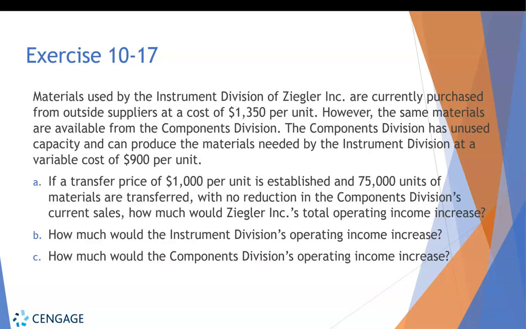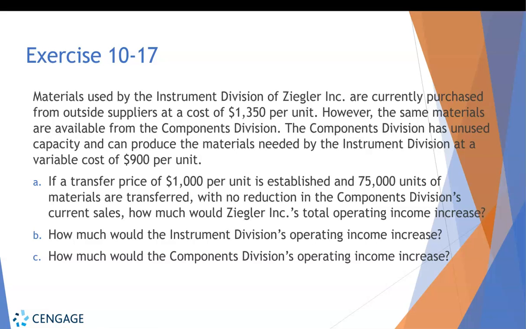Okay, so materials used by the instrument division of Ziegler are currently purchased from outside suppliers at a cost of $1,350 per unit. However, the same materials are available from the components division. The components division has unused capacity and can produce the materials needed by the instrument division at a variable cost of $900 per unit.